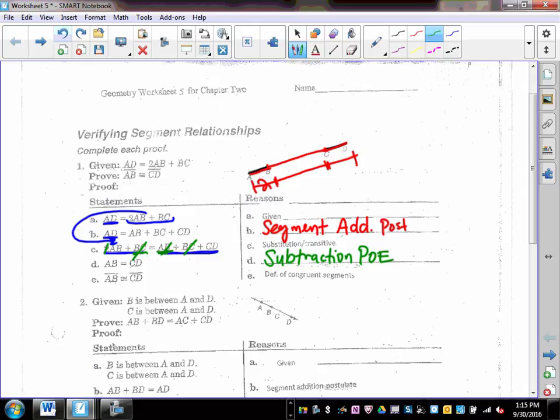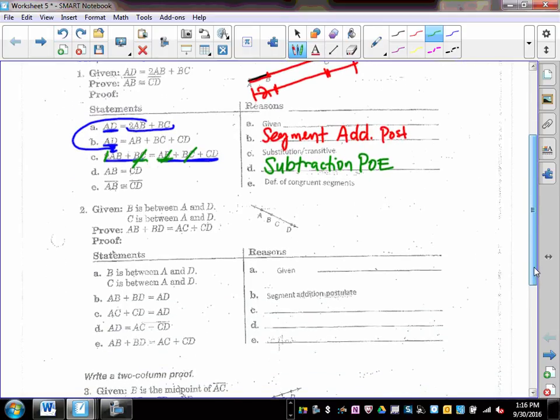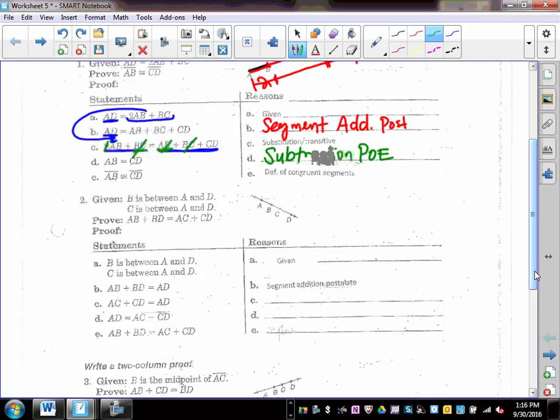Okay, and then D to E, that's definition of congruent. Okay. Alright, any questions on that one?